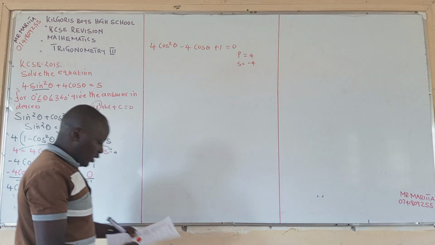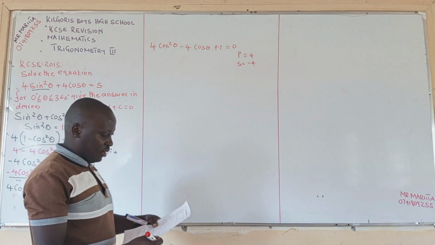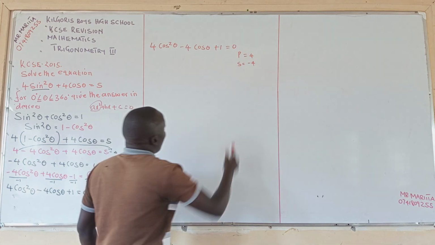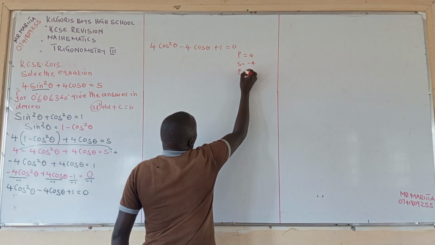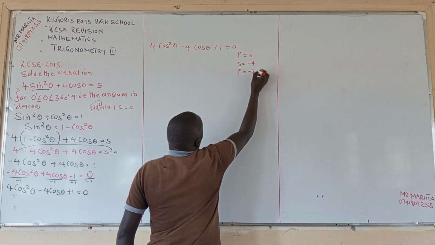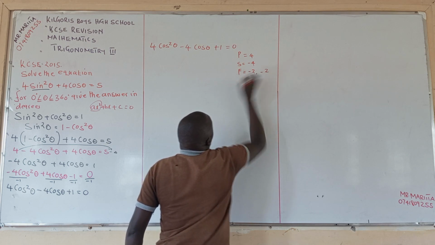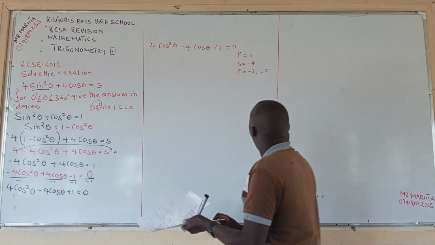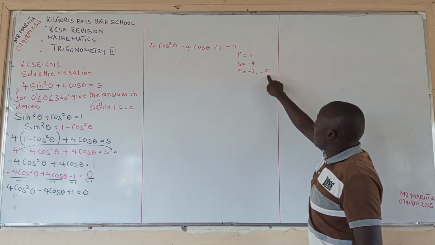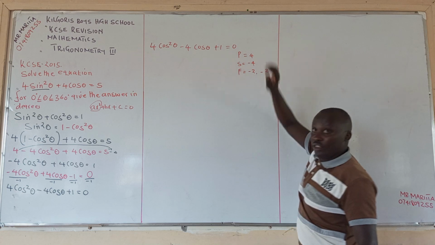The factors we have are negative 2 and negative 2, so negative 2 times negative 2 is equal to positive 4.